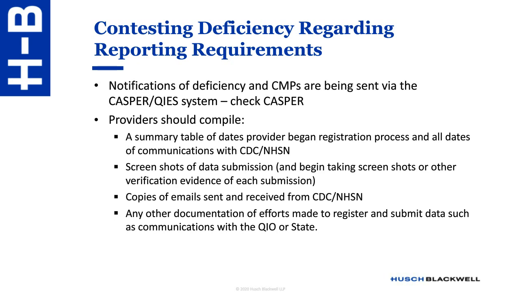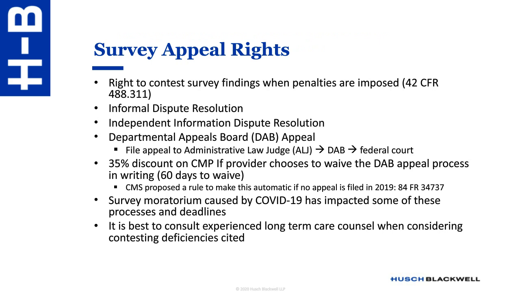Based on the latest guidance, they're still probably going to require you to go through the IIDR process to avoid an enforcement action, but it might be worth trying to get it informally resolved before you reach the enforcement level. That's all I had for those two, and I'm going to turn it over to Mike to talk about survey appeal rights.